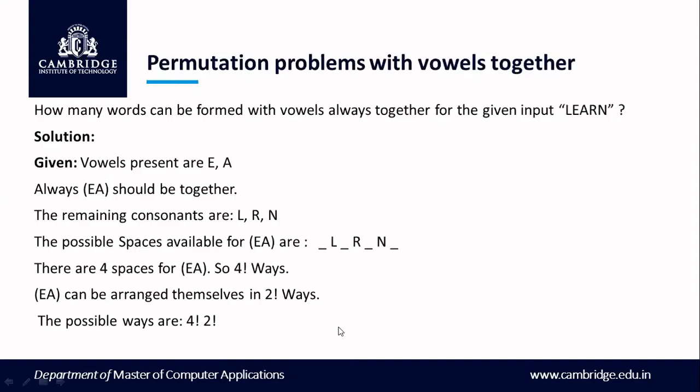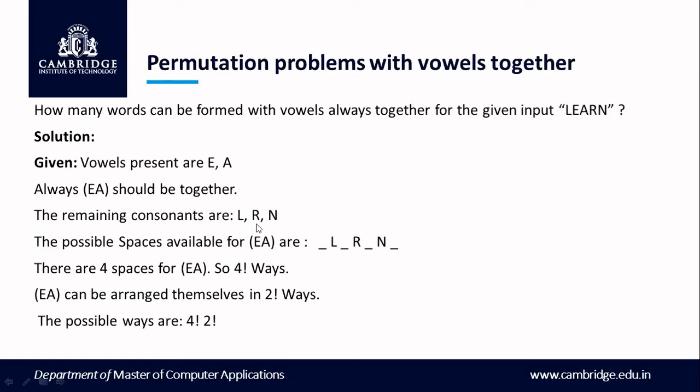The second type of problem is permutation problems with vowels together. How many words can be formed with vowels always together for the given input L, E, A, R, N? The vowels present are E and A. The condition is that E and A should always be together.